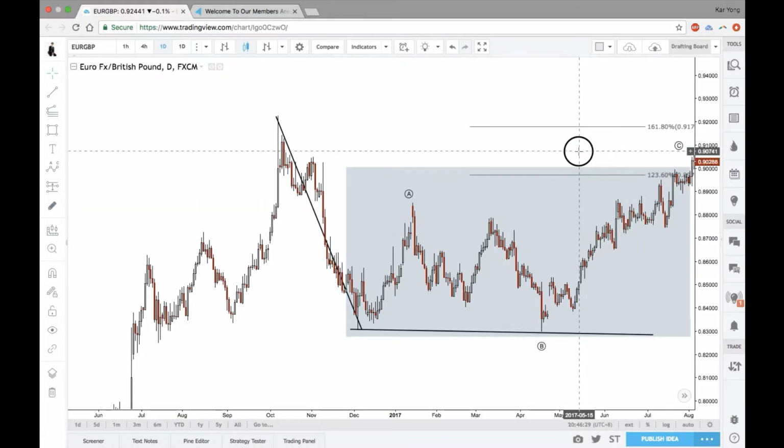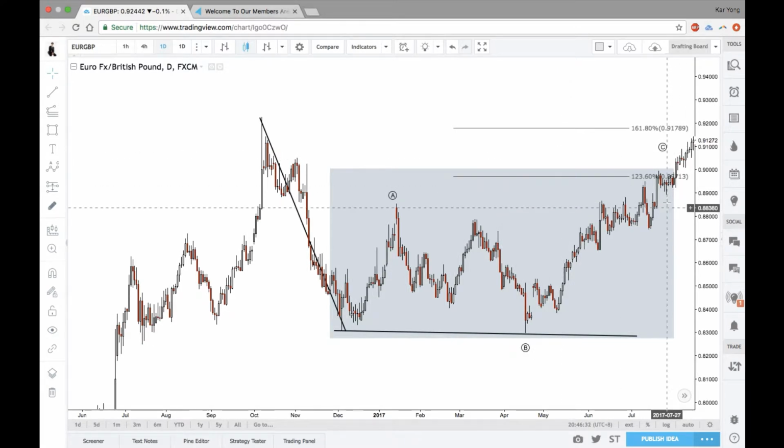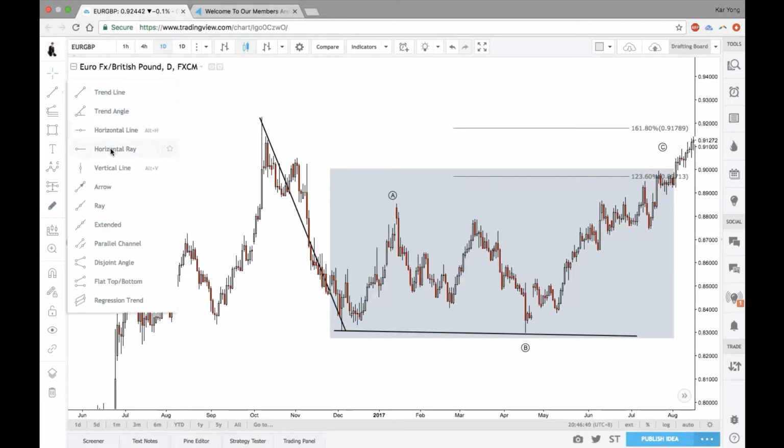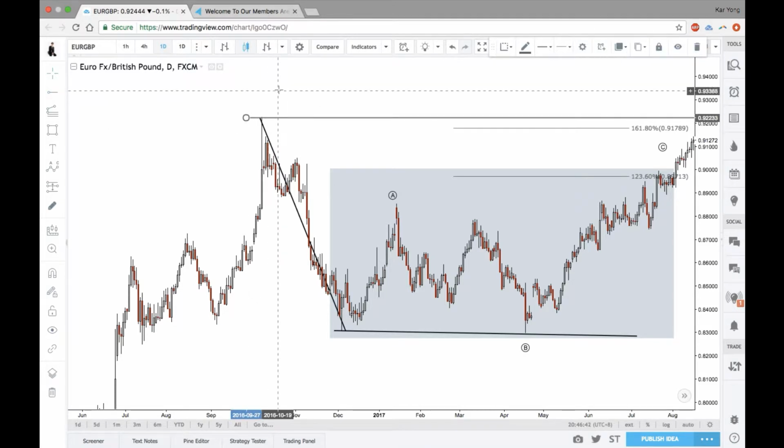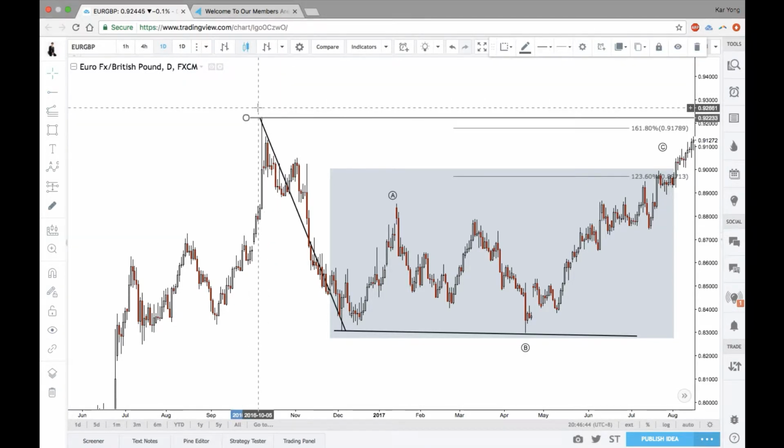As you progress, you can see the market starts to form that kind of crawling up movement. But the thing you need to take note of is it cannot break your previous high, because if it breaks your previous high, it's no longer giving you a correction anymore, because this is your impulse. Your correction cannot break it.